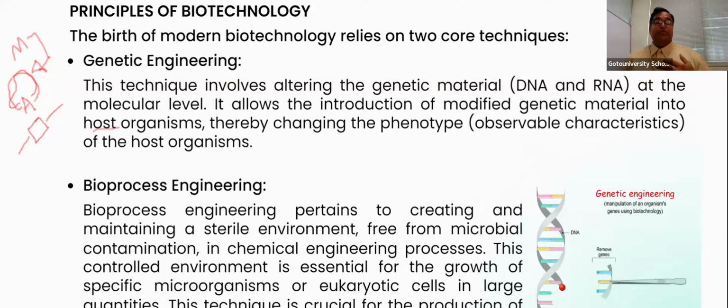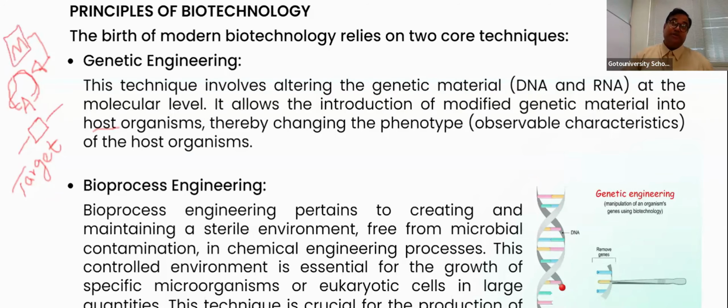Why, sir? We need to introduce a specific gene into the target cell DNA. Why? Because we are making the target cell DNA more effective in performance. So the performance category of a cell should go up. For that, we are introducing the desirable gene into the target cell or host DNA with the help of microorganism DNA.